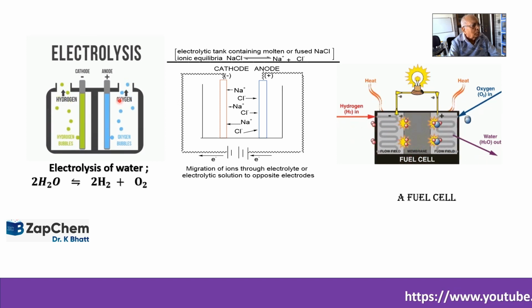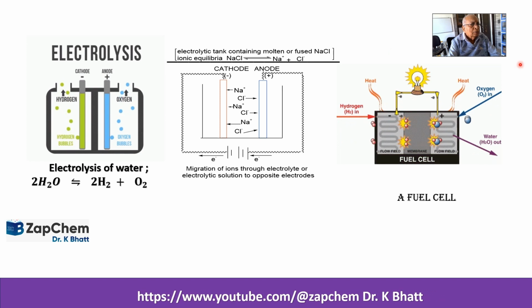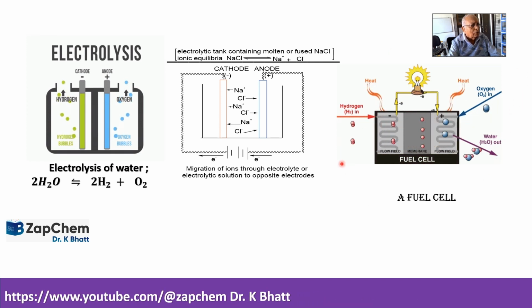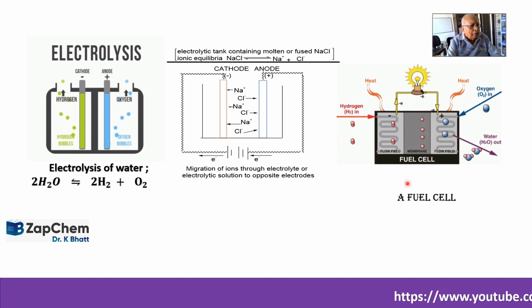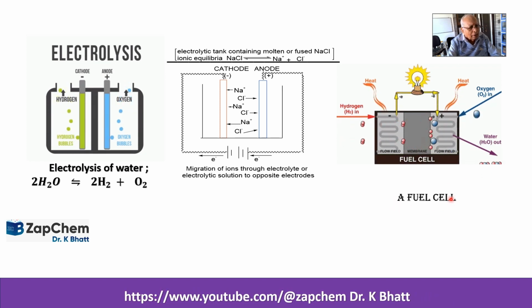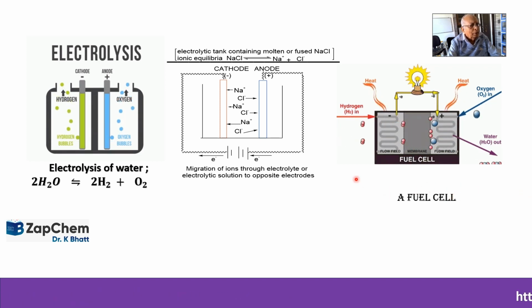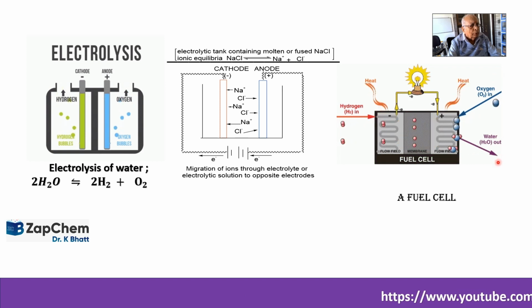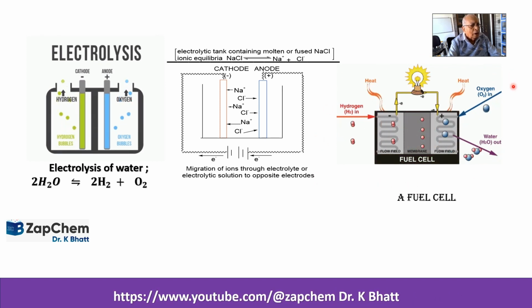Negative is cathode, positive is anode. And this process of electrolytic decomposition has been utilized in designing a particular cell which is known as a fuel cell. We shall get into all details about the fuel cell sometime later in a different video.